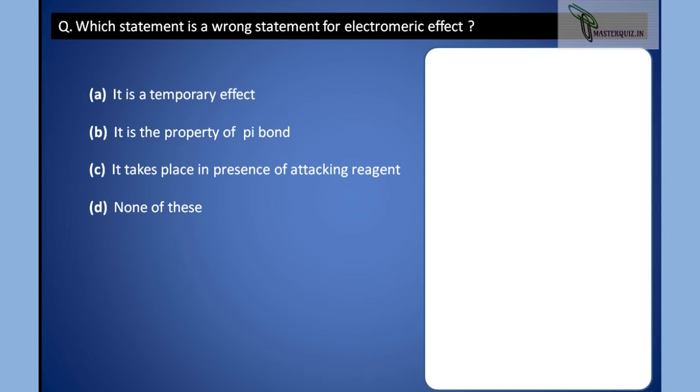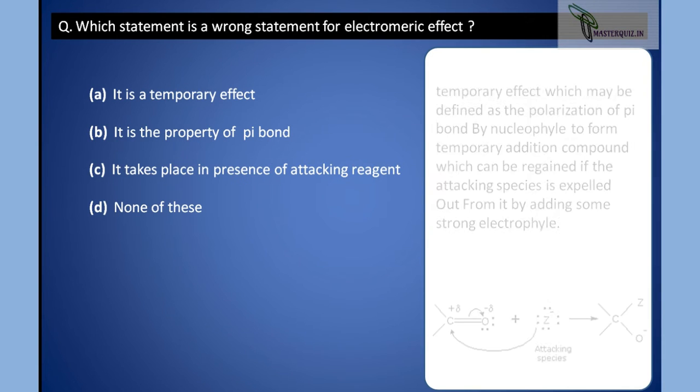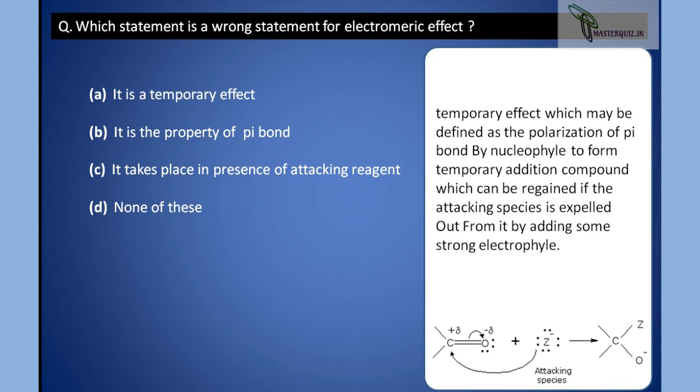So before we find the correct answer, we should know about the electromeric effect. What is electromeric effect? Electromeric effect means when a nucleophile attacks any atom, the pi bond will be broken.